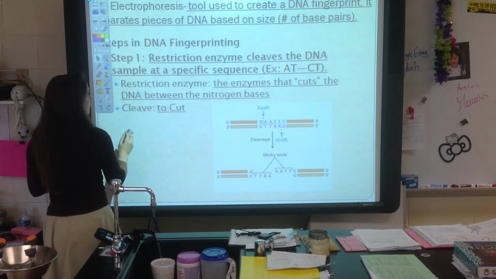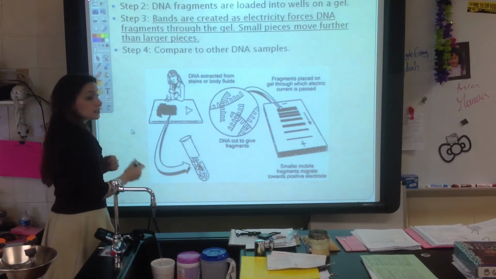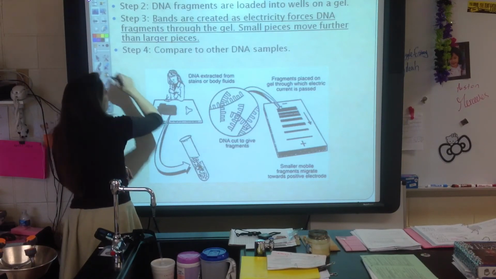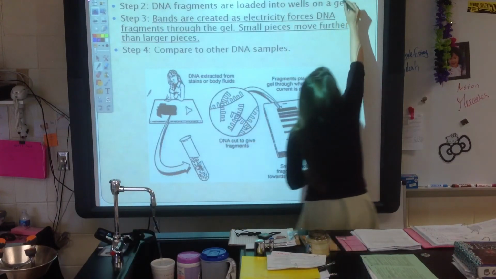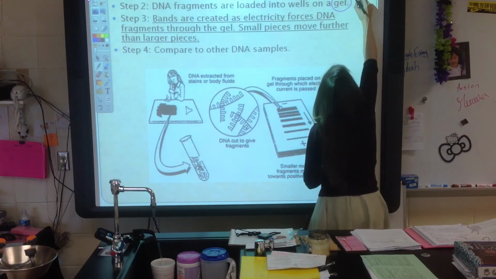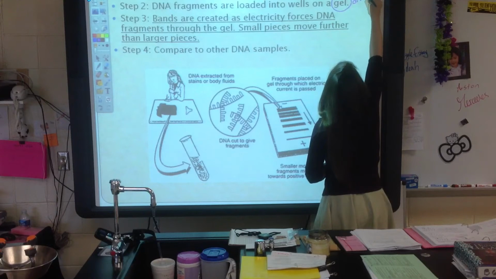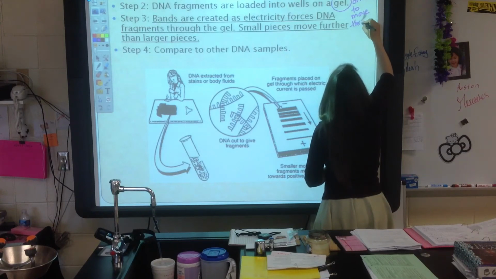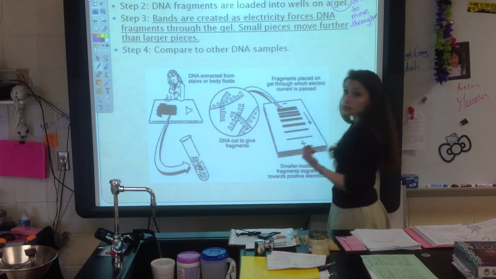So the first thing we have to do is cut the DNA with a restriction enzyme. Then the fragments are loaded into a gel. Now we do want to notice that this gel is going to be difficult to move through. It's kind of like Jell-O.